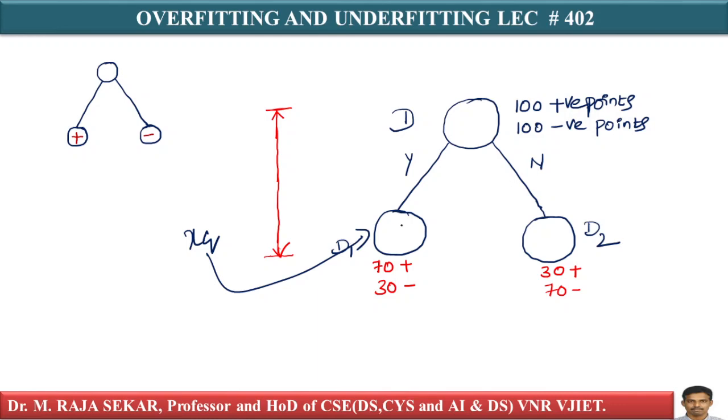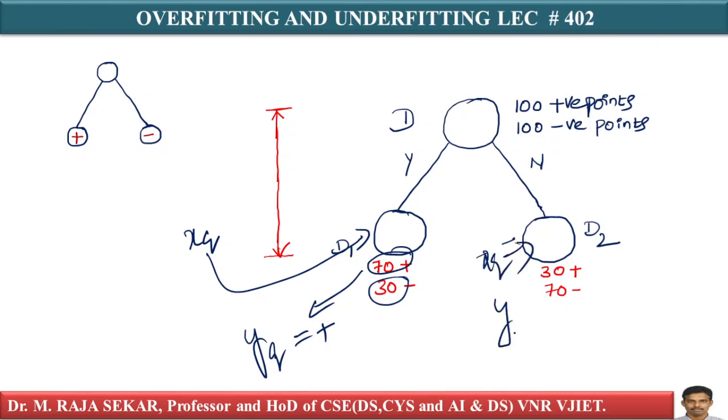Majority is 70 positive points versus 30 negative, so I will declare yq as the positive label. If your xq reaches the other node, the majority is negative points, therefore yq will be declared as the negative class.